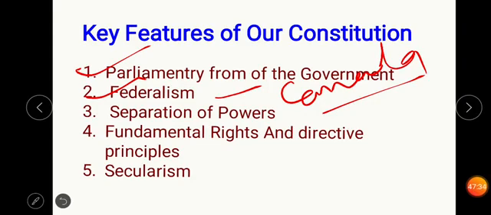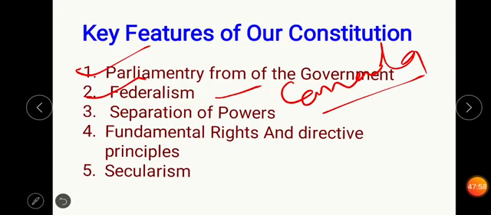The union and state governments are both created by the constitution. Their structures, functions and powers are all defined in the constitution. So everything about federalism is mentioned in the constitution.